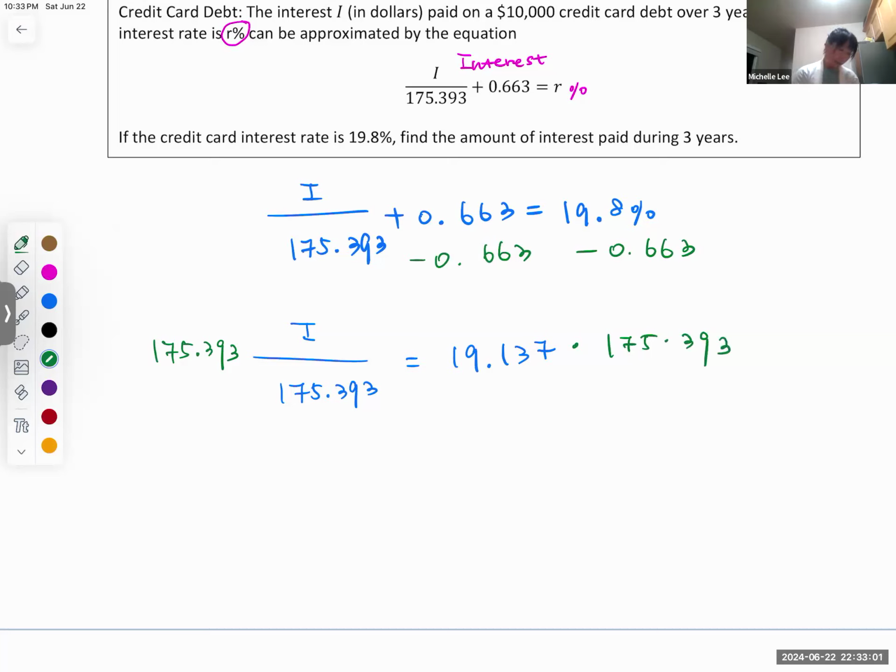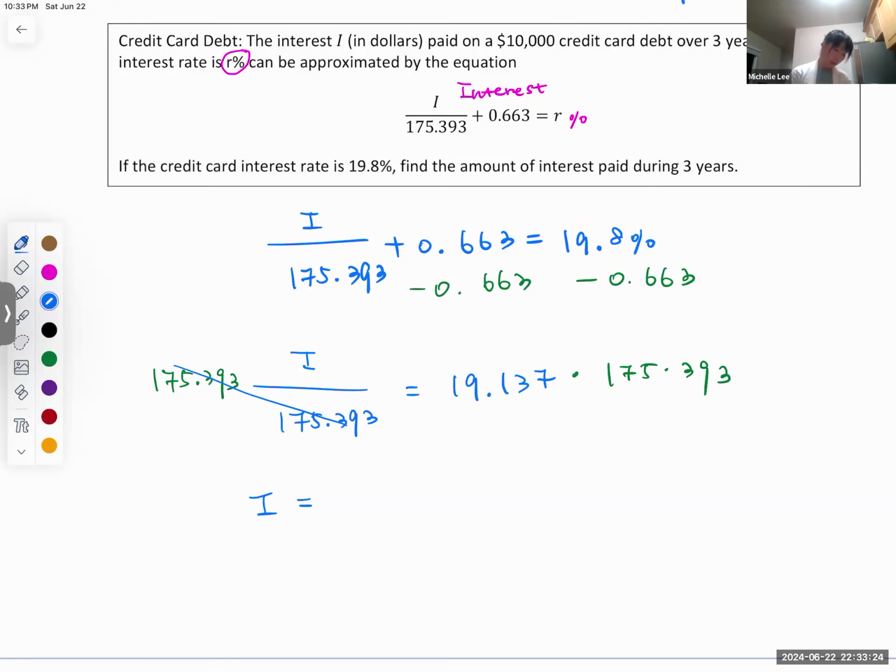So I equal to 175.393 times that, which is 3,356.49. We can say about 3,356.50. Is it okay?